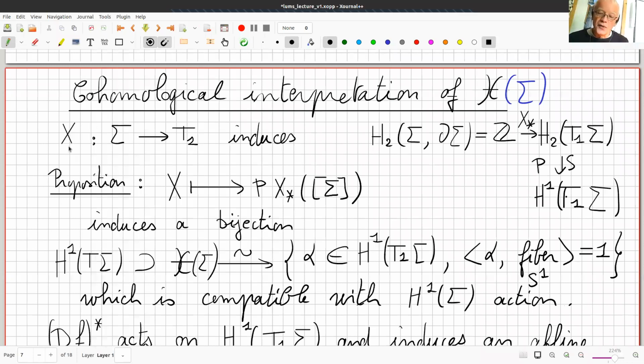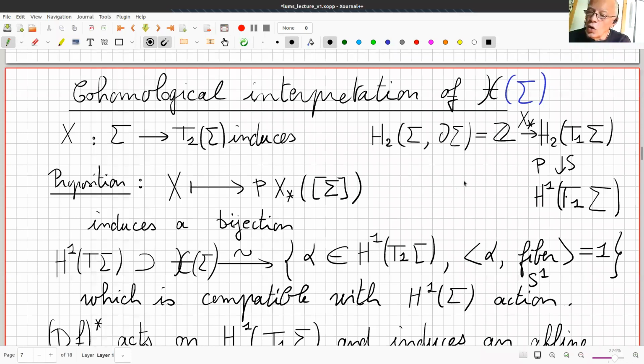So if I have a vector field, remember that it's a section. In particular, it's a map from sigma to T1 of sigma. And then, by the same functoriality argument as before, this means that you will have a map from H2 of sigma comma the boundary of sigma, which is equal to Z, and it's generated by the so-called fundamental class of sigma.